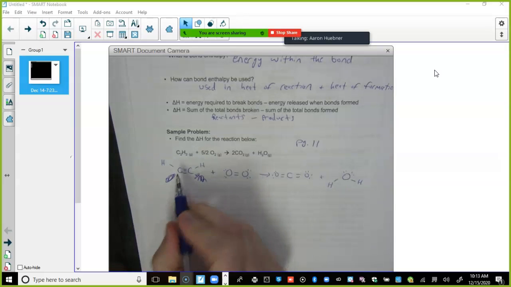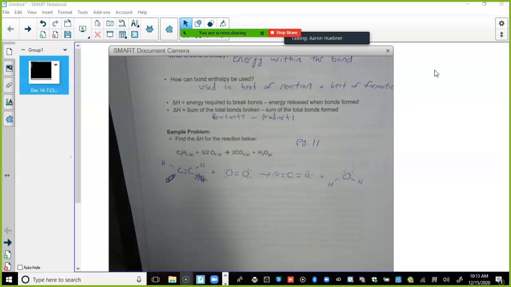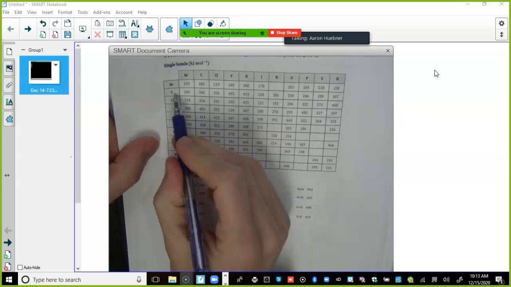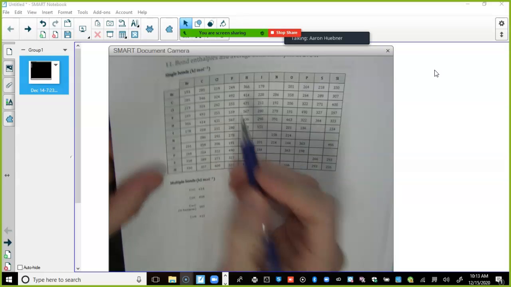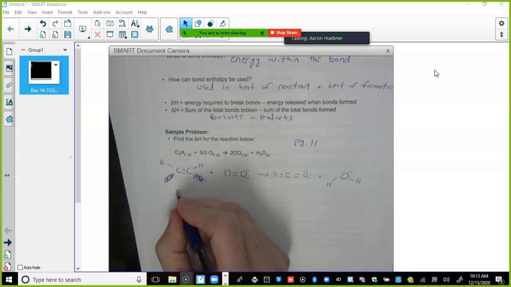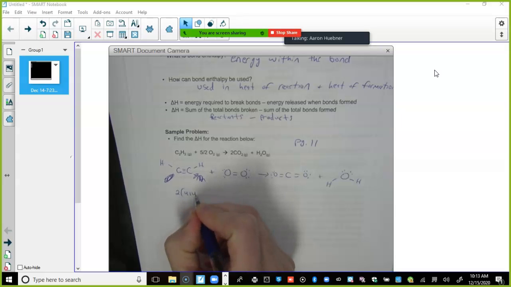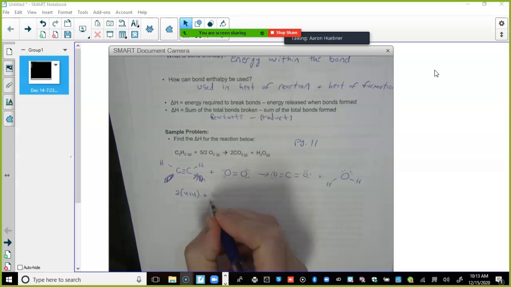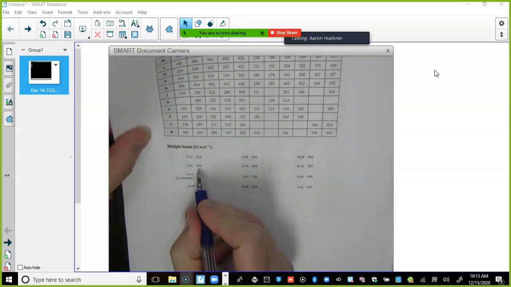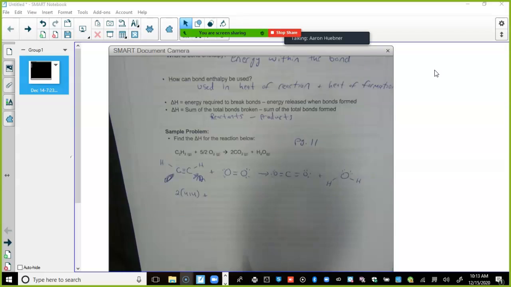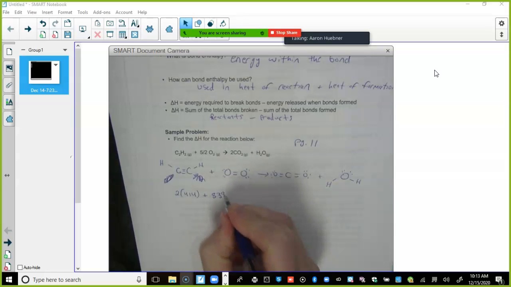So then I've got two CH bonds. So a CH bond is C with an H. Looks like 414. But I got two of those, so it's going to be 2 times 414 plus my triple carbon-carbon bond, which is 839. And this is all on page 11.